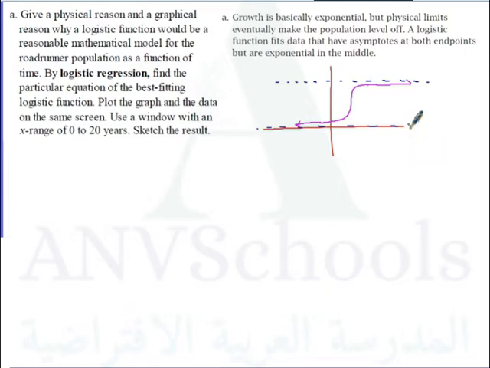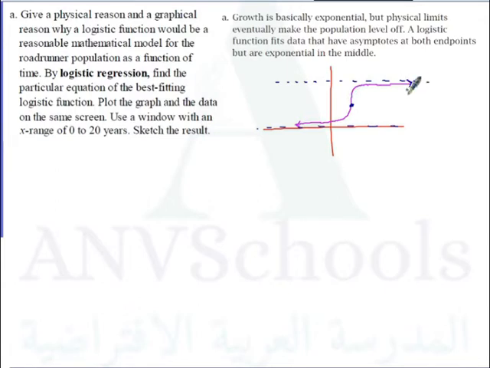Okay? So the same is true for the population of the roadrunners. Eventually the population growth will have a point of inflection, and it will eventually level off to a certain limit.